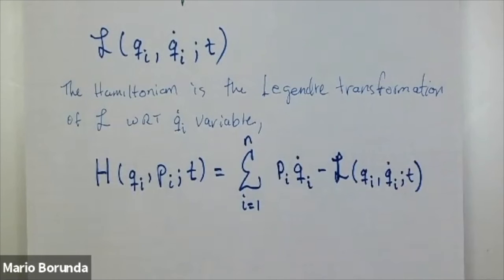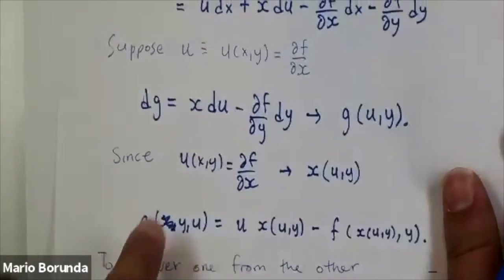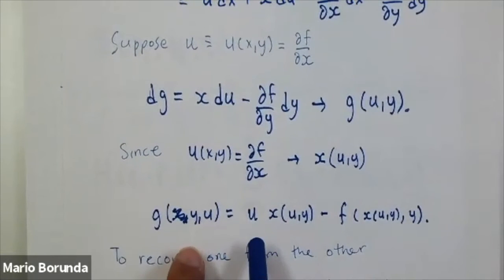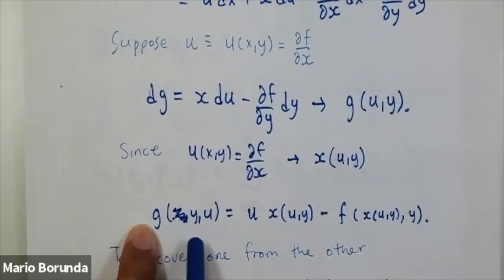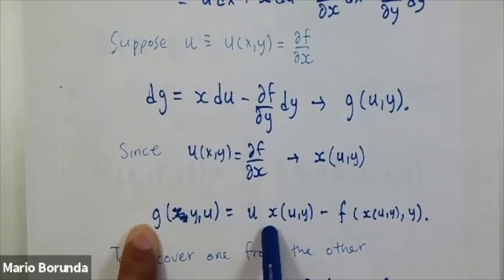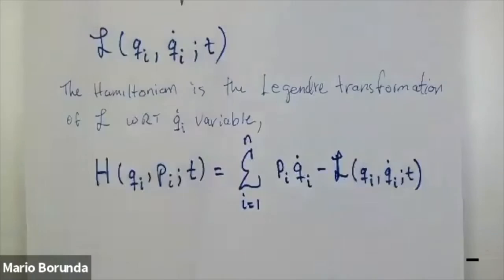So that means that the q dots are eliminated in favor of the p's. Just like over here, we were going from x, y to y, u, we eliminated the x. So then that means that we need to figure out a couple of derivatives.